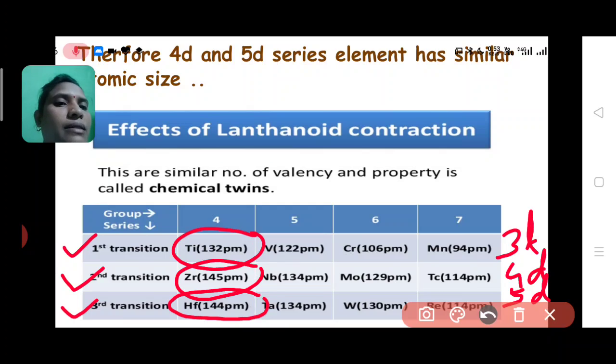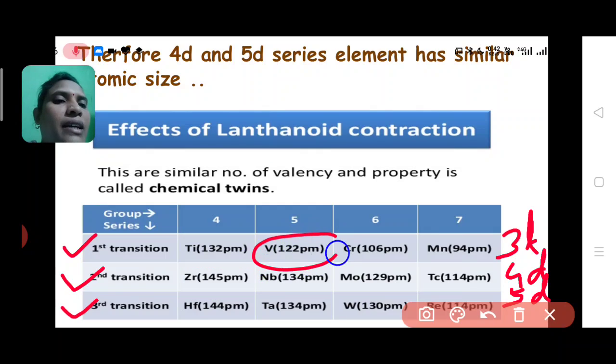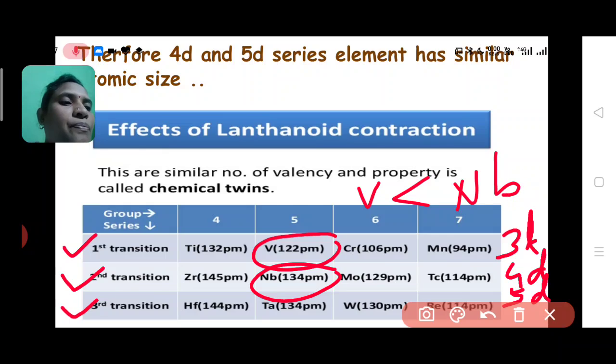The same trend is seen in the next column also. See vanadium having atomic size 122 pm. The second element, that is niobium, has atomic size 134 pm. So vanadium has lesser atomic size than niobium.